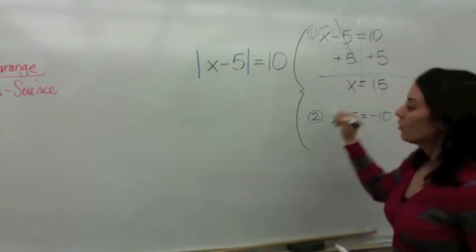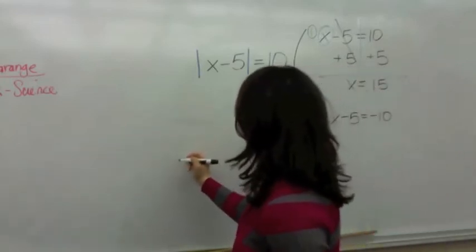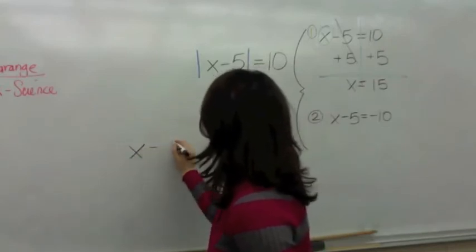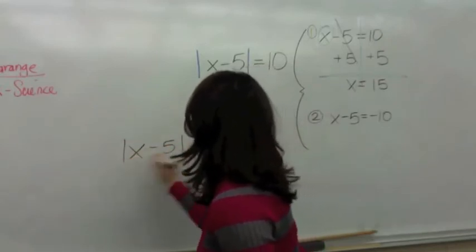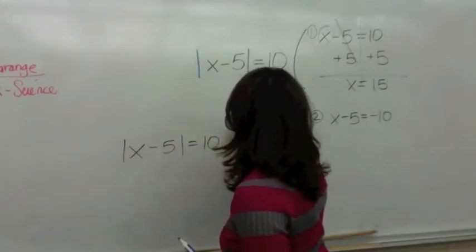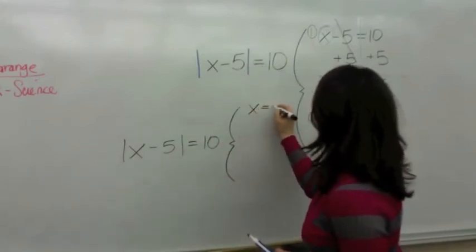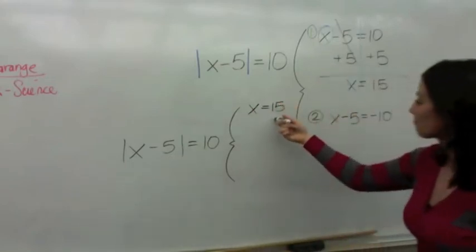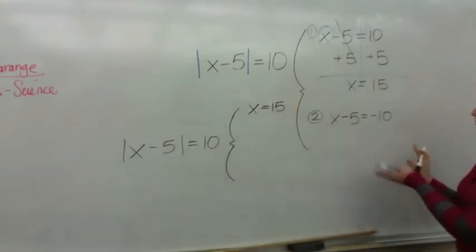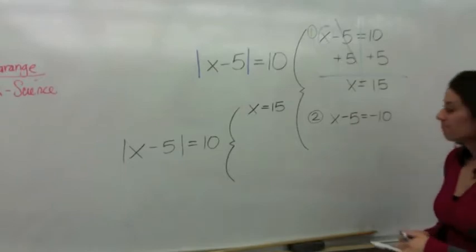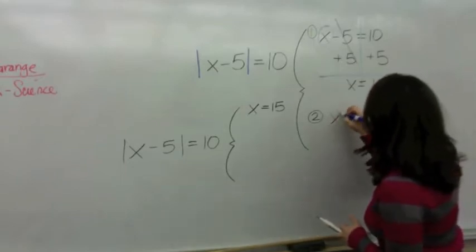Okay? So over here, I'm going to go ahead and write the equation again with another brace map. And I'm going to say, okay, well, my first answer is 15. So then we solve for our second equation. We circle x.